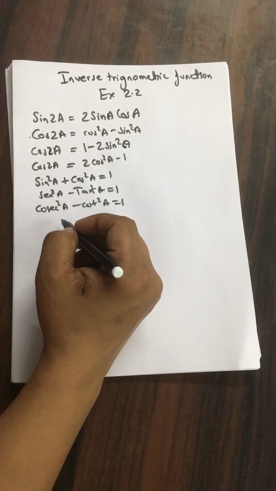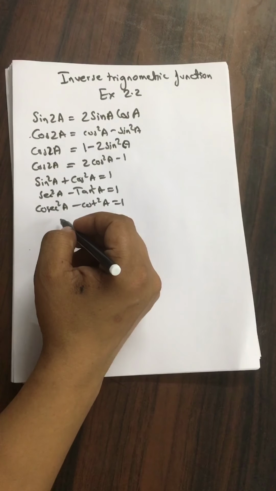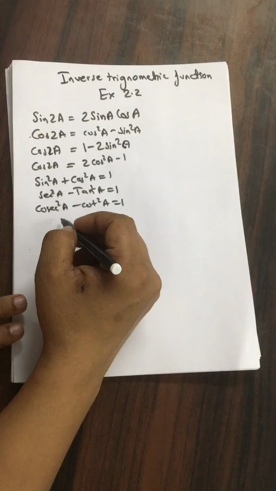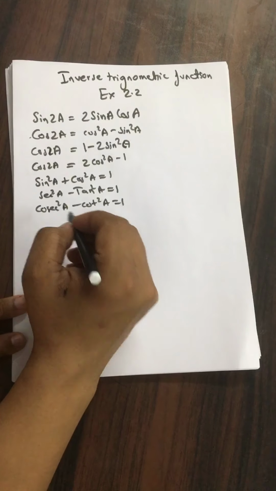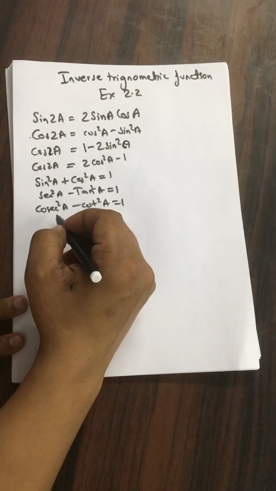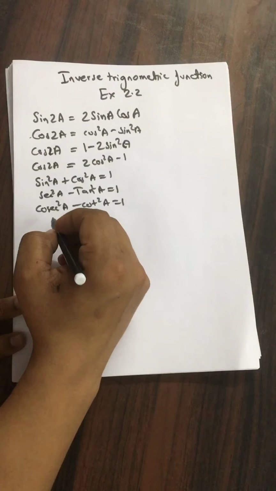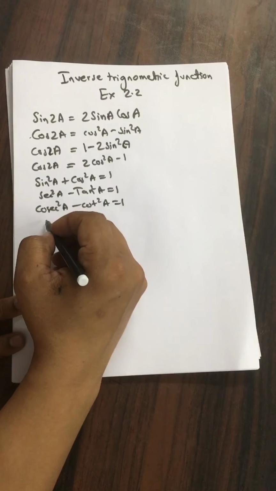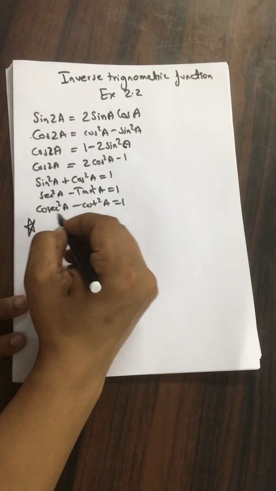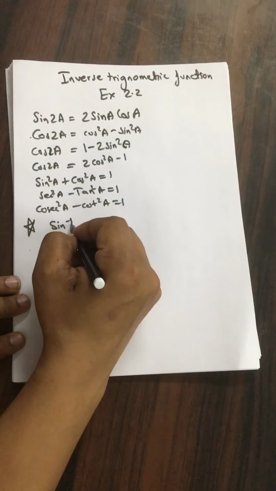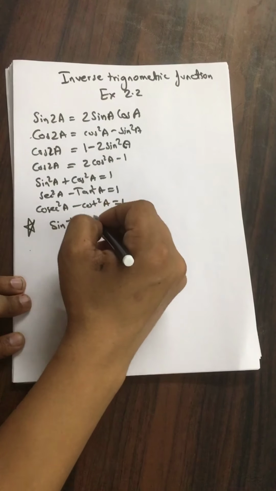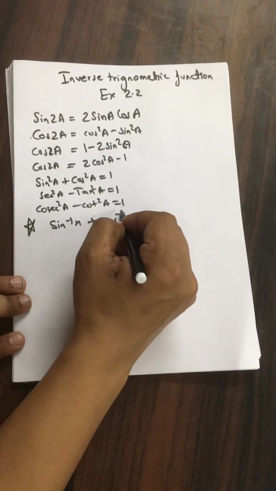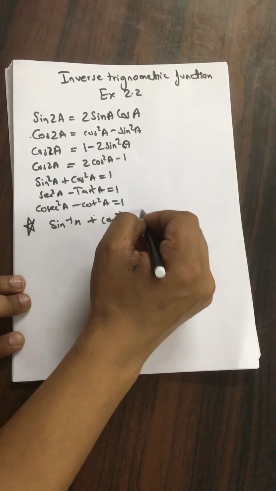Now, in relation to these trigonometrical formulas, for class 12 we have formulas for inverse trigonometrical functions. Some are for sine and cos, so I am putting a star so that you remember. Sine inverse x plus cos inverse x equals pi by 2.